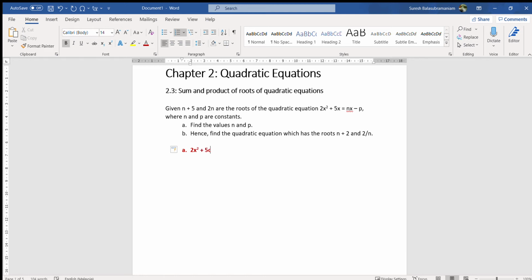Plus 5x equals nx minus p. So let me rearrange the equation into a standard quadratic equation.